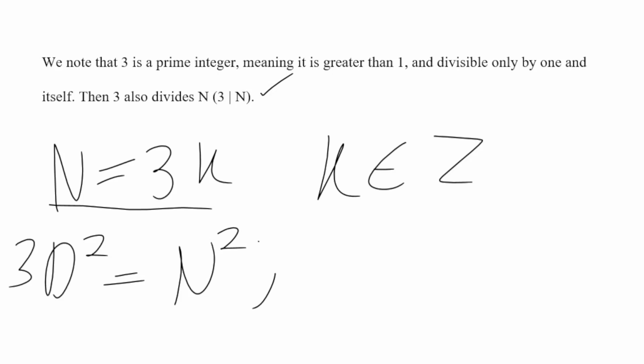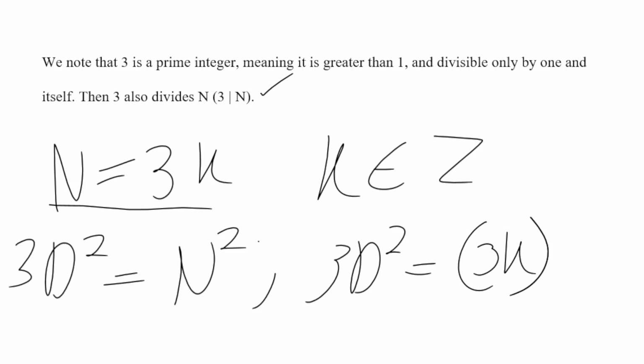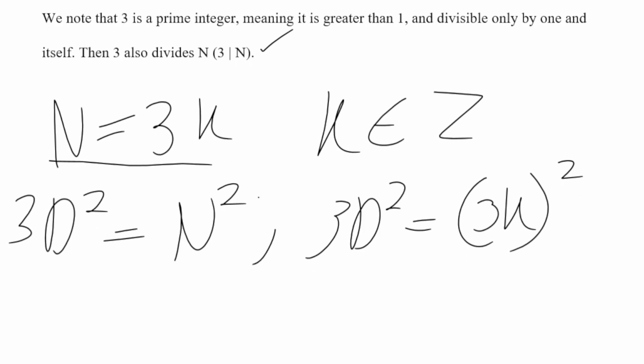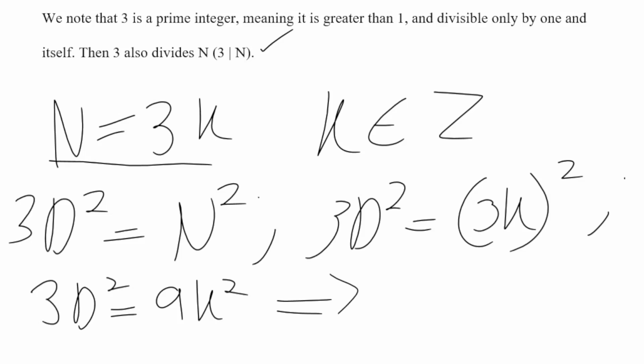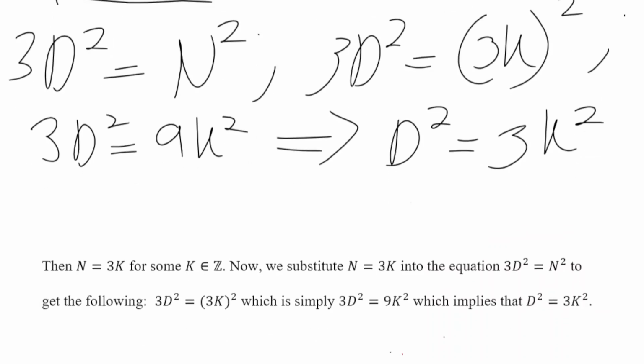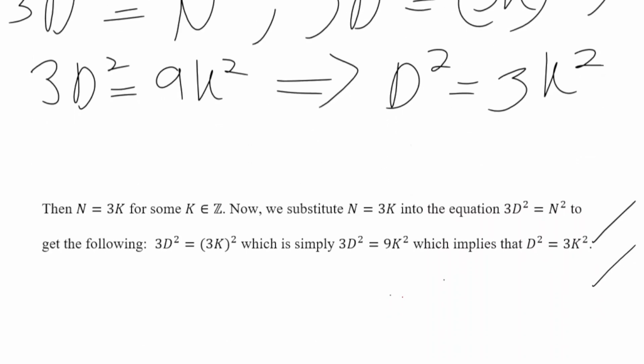When we plug that in, we get 3d squared is equal to (3k) squared. After doing some computations, we get that 3d squared is equal to 9k squared, which implies that d squared is equal to 3k squared. And here it is written out.